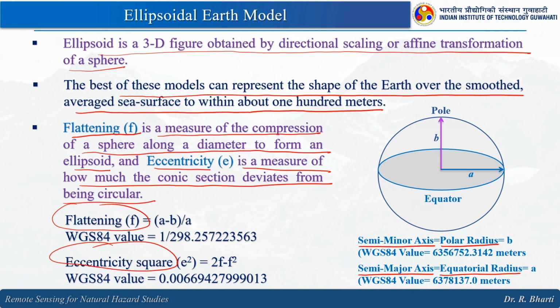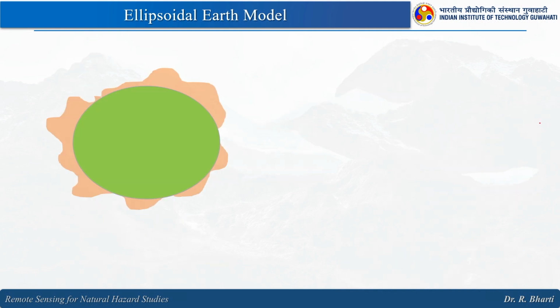So, this is very simple to understand how we started with the spheroid, then we considered earth as an ellipsoid because this is a more appropriate representation of our earth surface, right. To understand this ellipsoidal earth model, let us see this particular diagram very carefully.